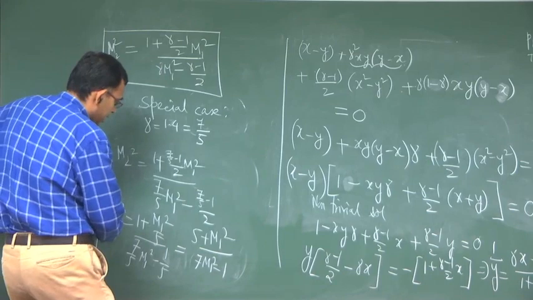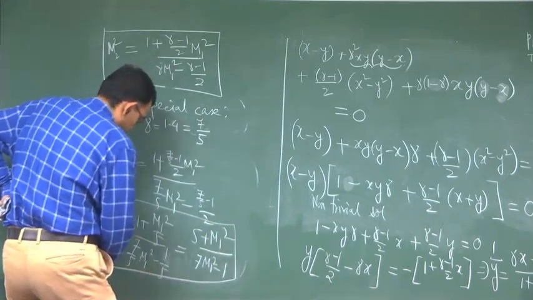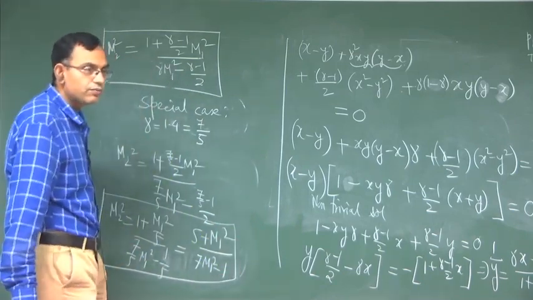So, this is the relationship between m2 square and m1 square for air.